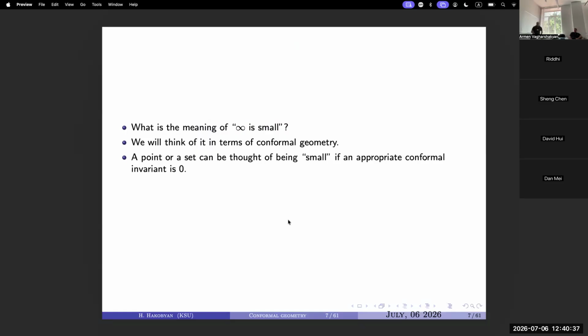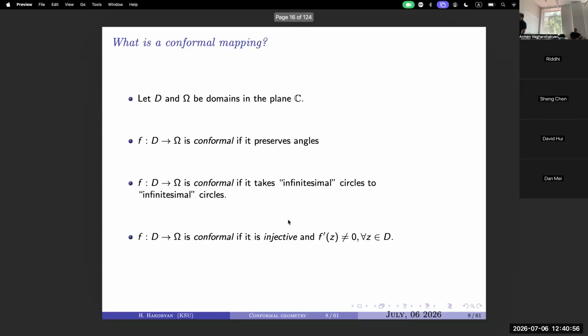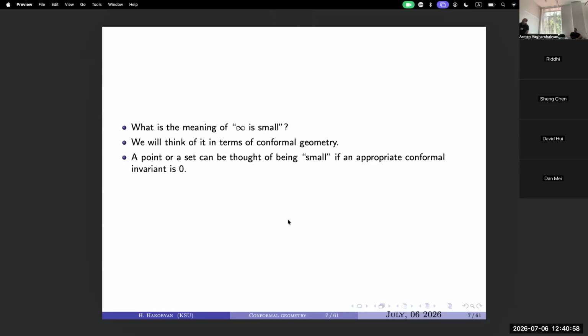This is a traditional way of doing it, which would say that with respect to that conformal invariant, that point or the set is small. For those of you who know, I'm going towards what's called polar sets, or sets of zero capacity. And you can talk about a point as well.